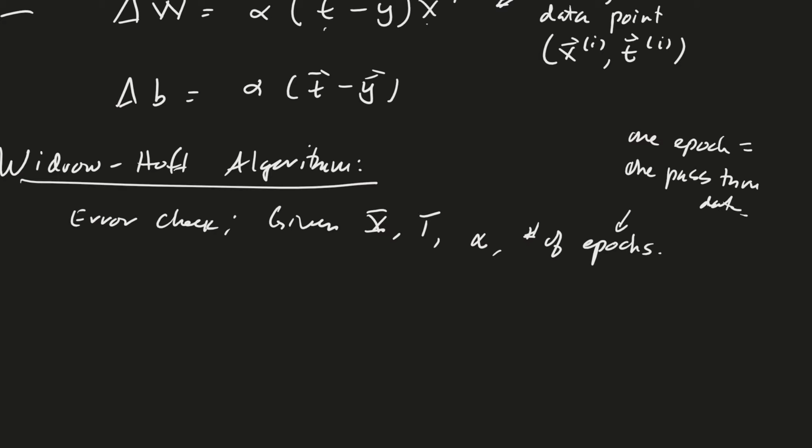Okay, and so we need to then initialize the W and B. That's step one. And then we'll do our loop for i equals 1 to number of epochs.